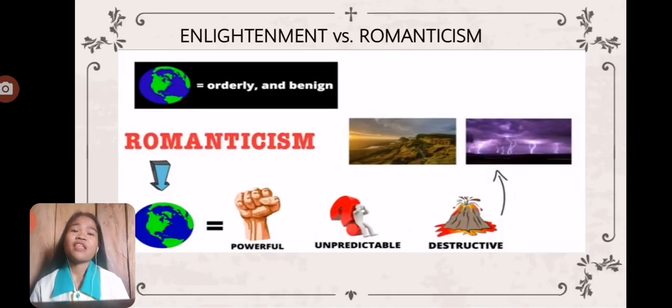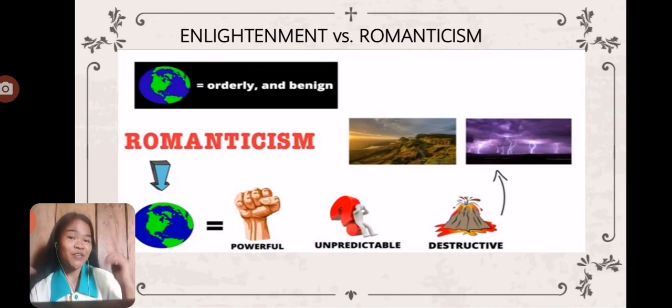So if the Enlightenment thinkers view the natural world as orderly and benign, Romanticism is different, and viewed the natural world as powerful, unpredictable, and destructive. So they have different beliefs, right? Romanticism believed that the world, rather than being beautiful only, is powerful, unpredictable, and destructive.